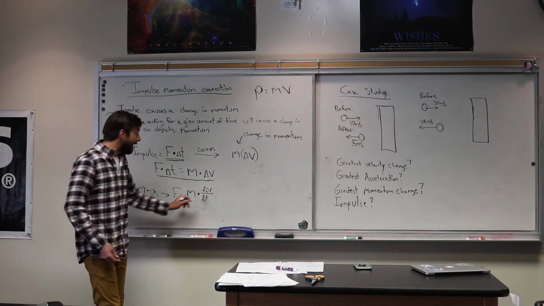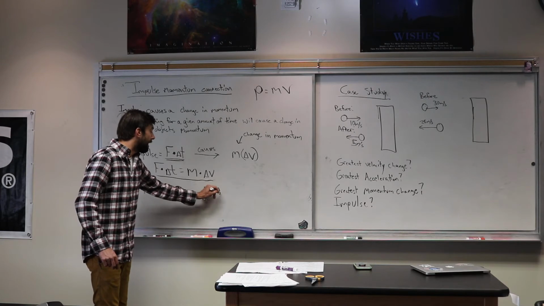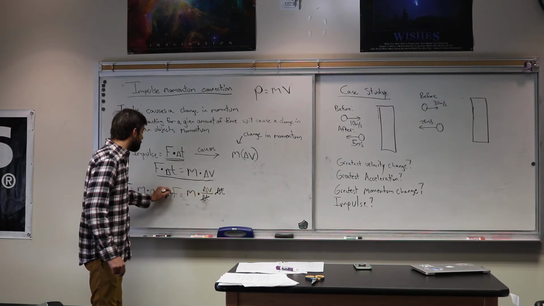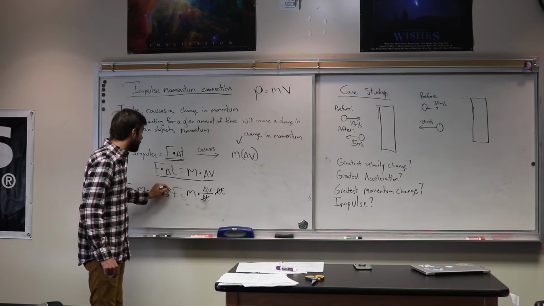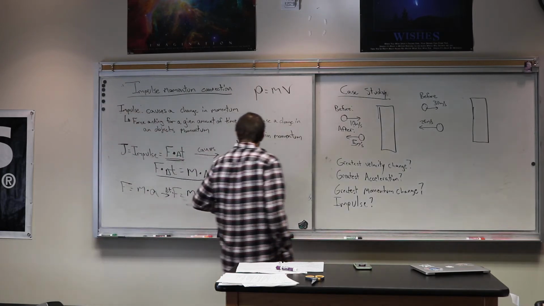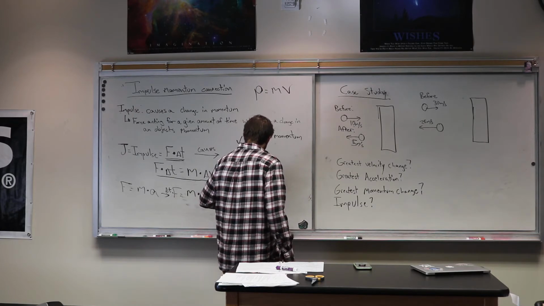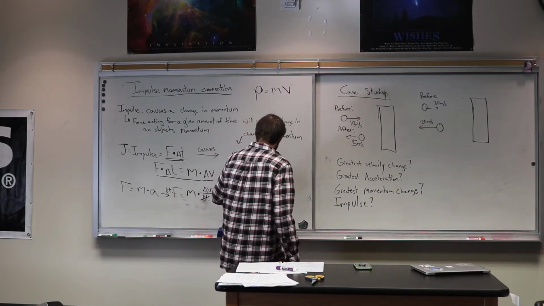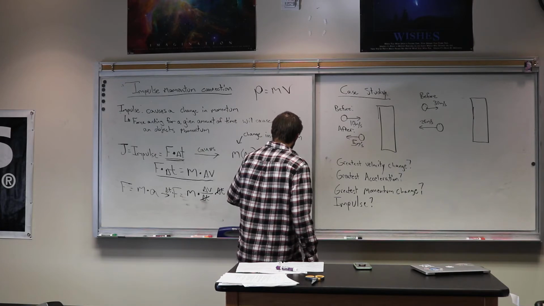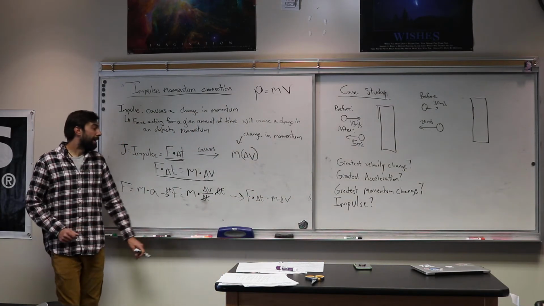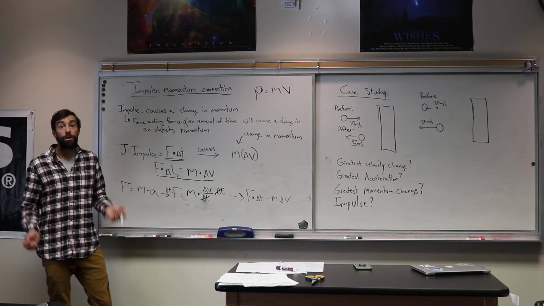Now I go ahead and multiply both sides by our change in time. That cancels out, and we multiply our force by change in time, and we end up with the equation that we just showed above, right?